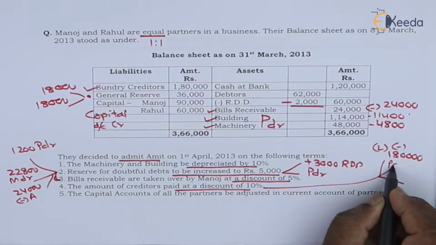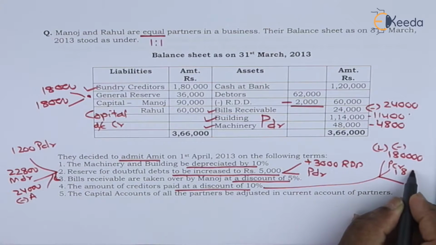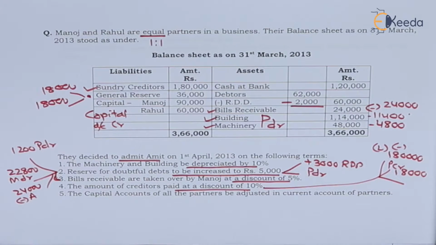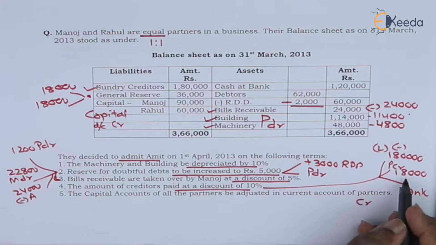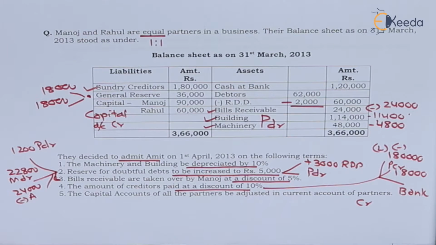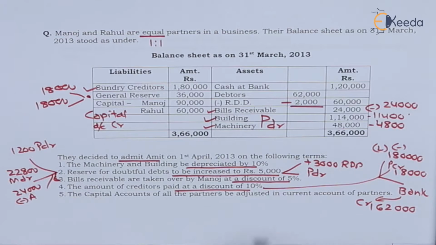Profit and loss account credit side will be crediting discount received, that is 18,000. Bank account credit side 1,80,000 minus 18,000, so it will be 1,62,000. 1,62,000 will be credited to bank account because payment is made.